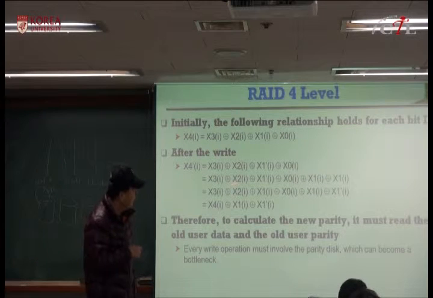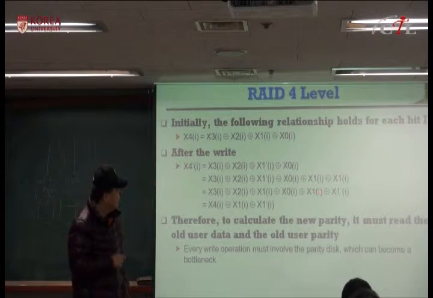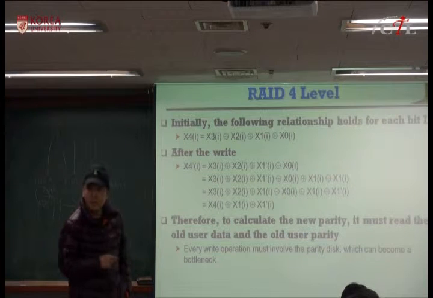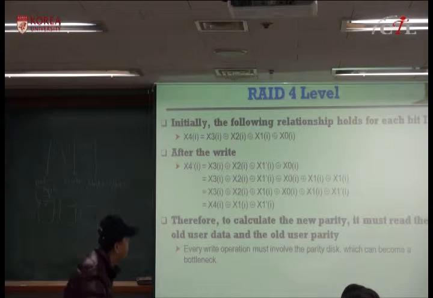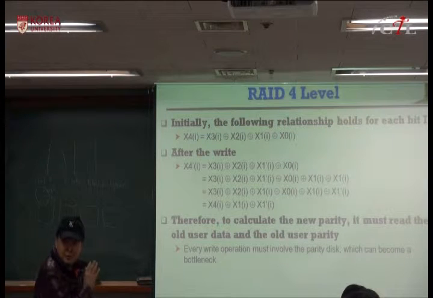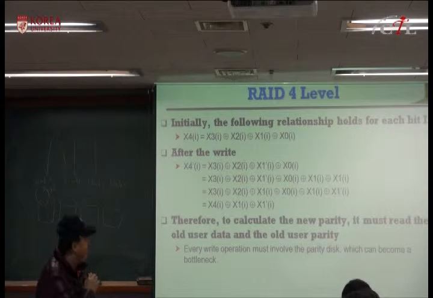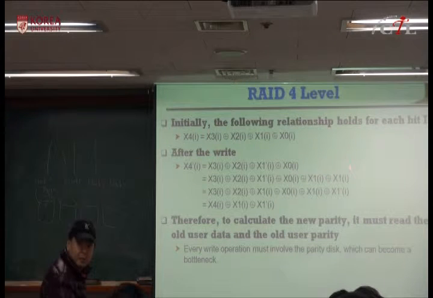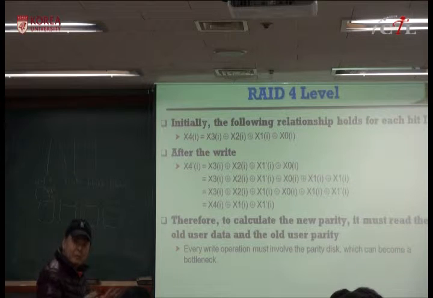But if you remember your digital logic, then you can add X1 of I exclusive OR X1 of I, because these are the same, right? Okay, so far it's easy, right? On the second line, these exclusive OR, if they are the same, should be 0. If they are complements, then that's 1.